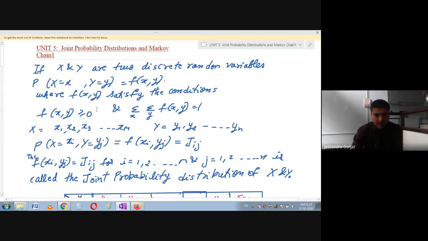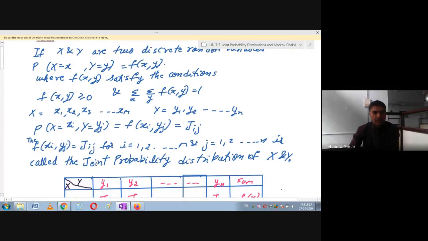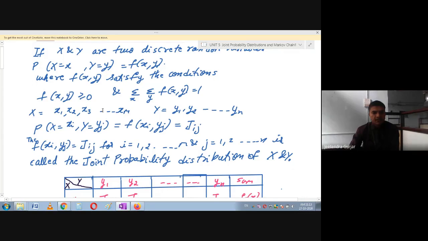This function is always greater than or equal to 0. Otherwise, we cannot calculate the probability. So for x, we are going to take x1, x2, x3 till xm. Please remember this, they are random variables, which we also call discrete random variables. And we are going to take another random variable y equal to y1, y2, ... yn.